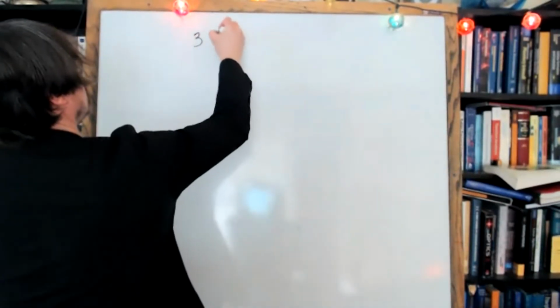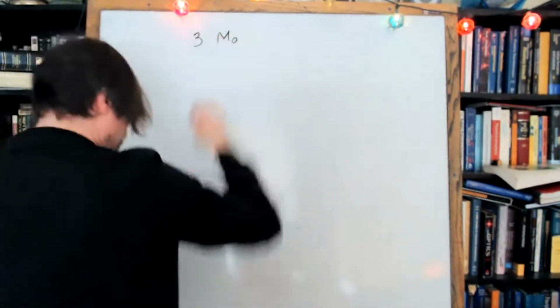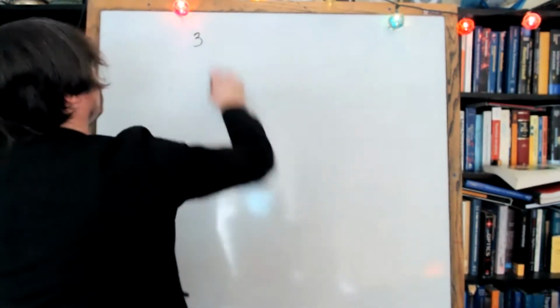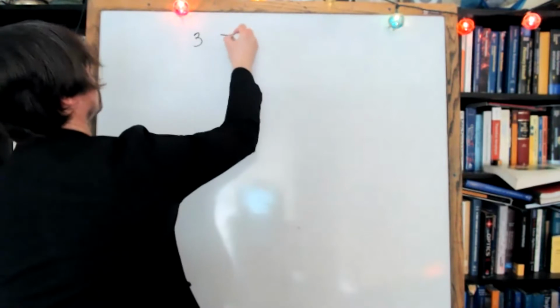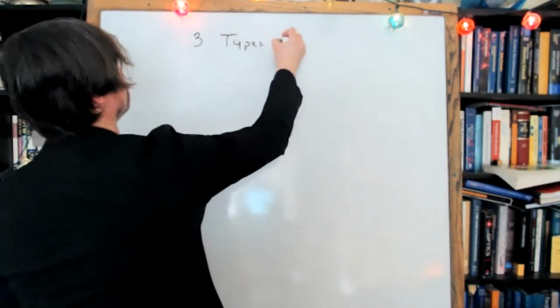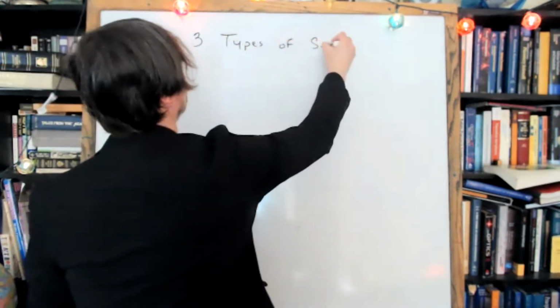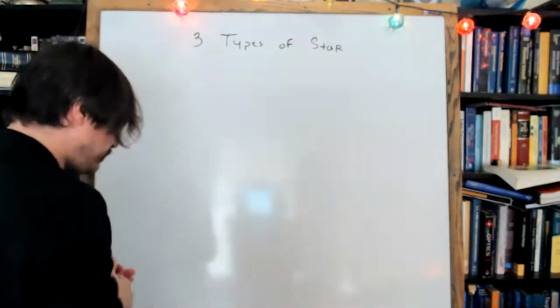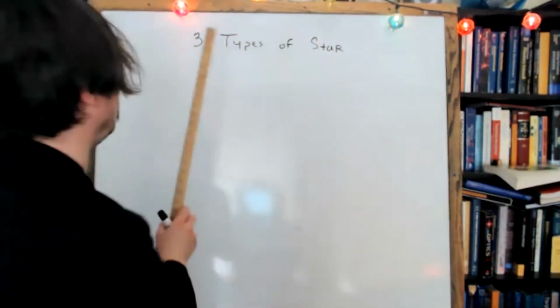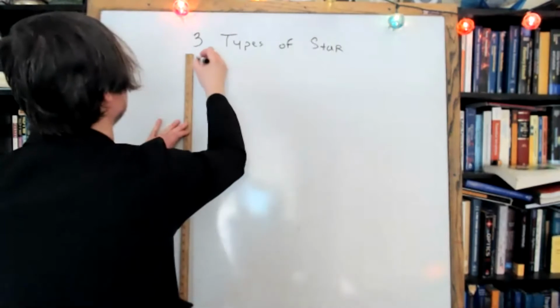Three... mass, how do I want to put this? There are basically three types of star. And this is a general kind of concept. Let's make a little chart for this, okay?